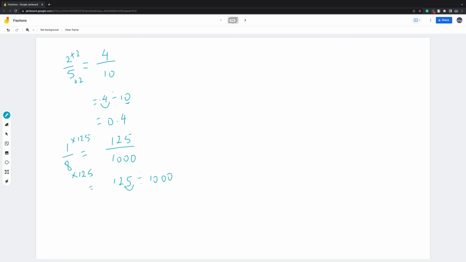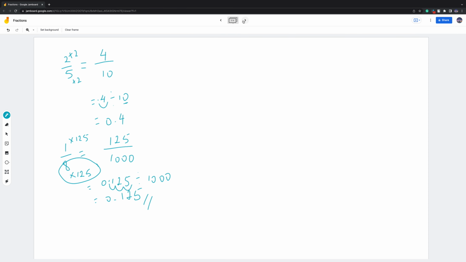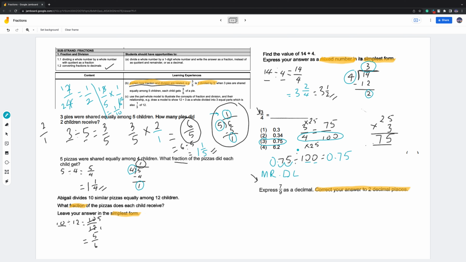So you move once, twice, and thrice. You put the decimal point there, and that's the 0. So 0.125. Okay, so remember, if the denominator is 8, you multiply by 125 to get 1000. If the denominator is 4, you multiply by 25 to get 100.